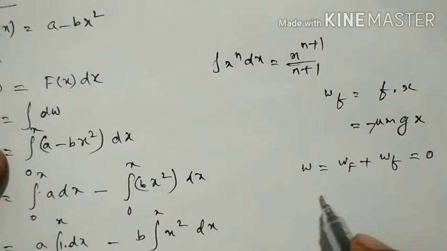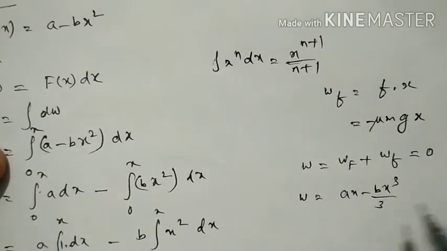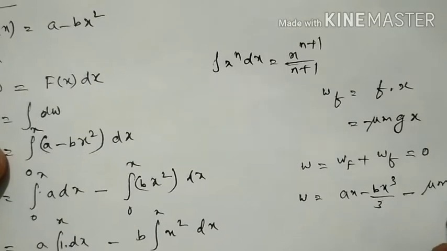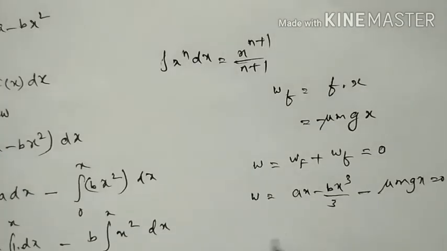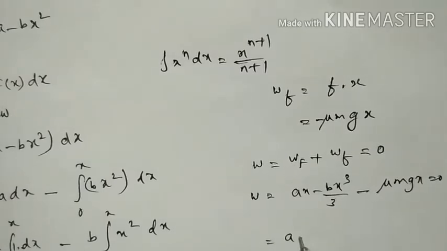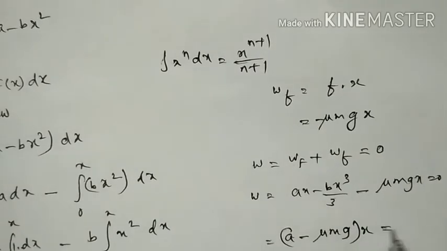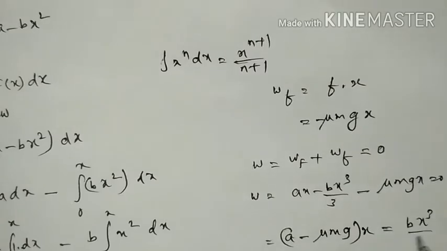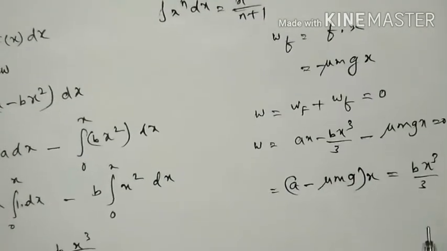So here we can write W is equal to ax minus bx cube by 3 minus mu mgx is equal to 0. So now you have to find the displacement. You can write (a minus mu mg) into x is equal to bx cube by 3, because the total equation is equal to 0.